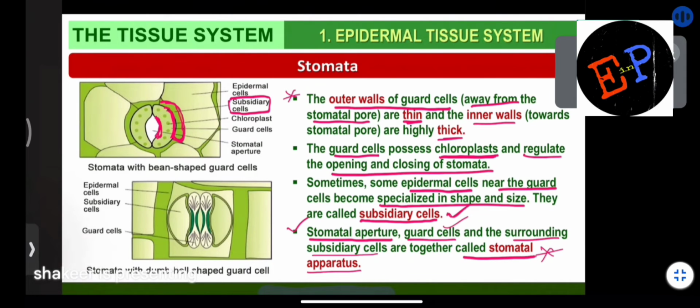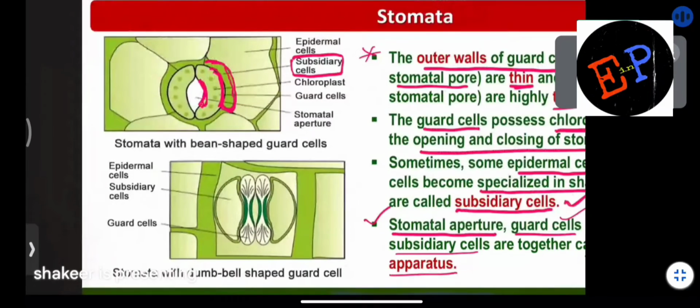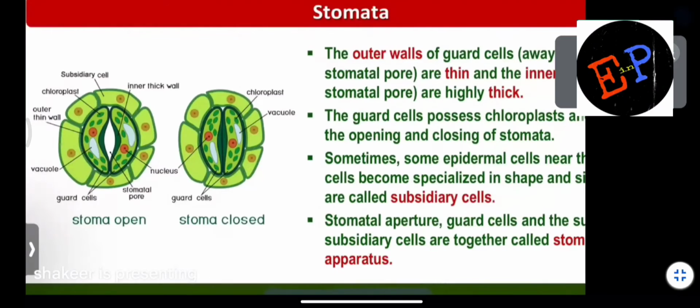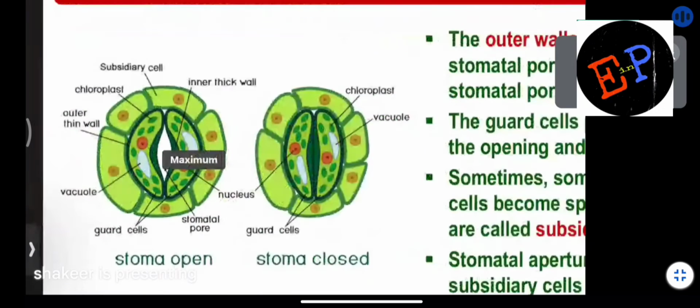So this is another point. See here, one more diagram is given here. So these are the epidermal cells, and these modified cells you can call subsidiary cells. Then you can find here dumbbell shaped guard cells. Clear, no? That's it. So in the figure you can see very clearly.